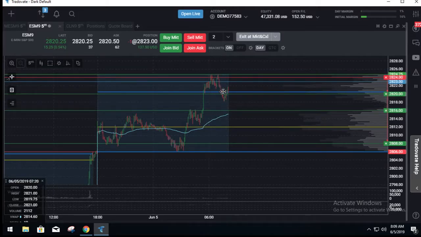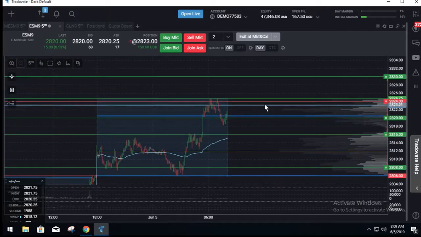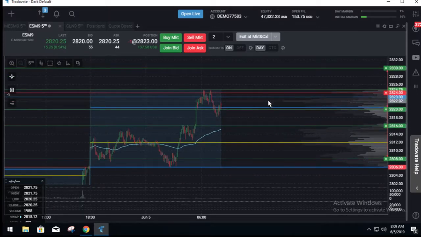So we see the bearish move open. So we're looking for a retest of the 24s.